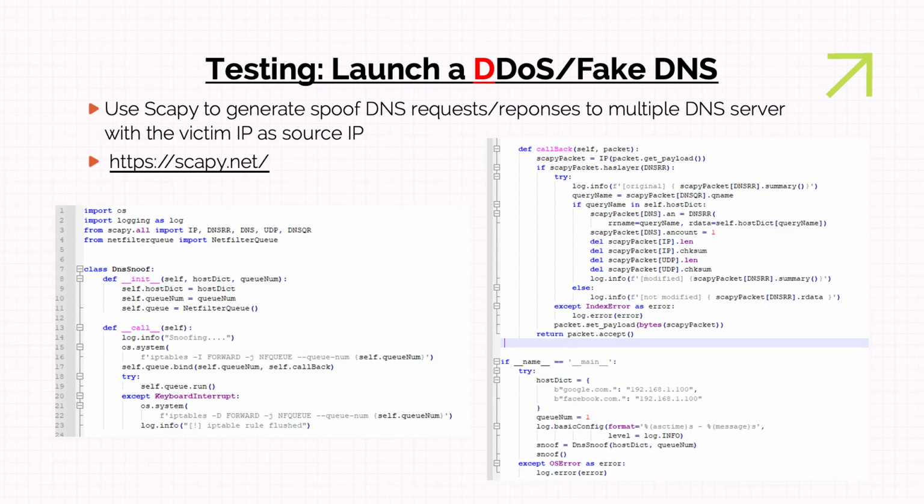And here is how you can use Scapy to generate spoofed DNS requests to multiple DNS servers, and after that the DNS servers respond to the victim, and they create a huge, huge traffic.